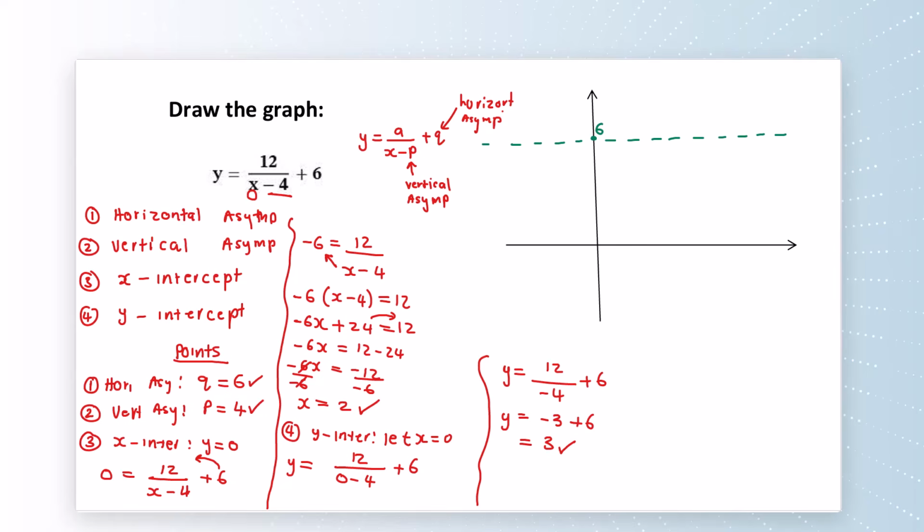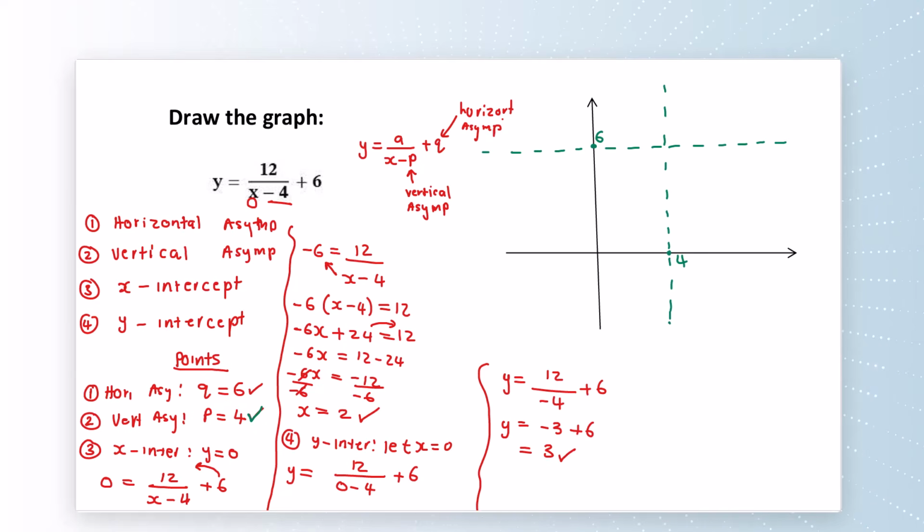Now let's go ahead and plot the vertical asymptote. The vertical one is the one that cuts x. It's cutting x at 4. Remember that? Right, so we have our asymptotes. Those dotted lines are restrictions. The graph or the curves must never touch.